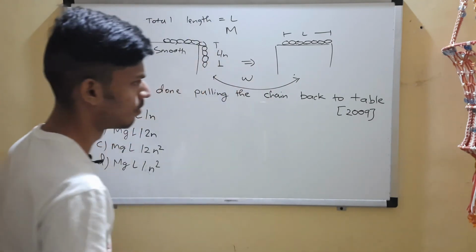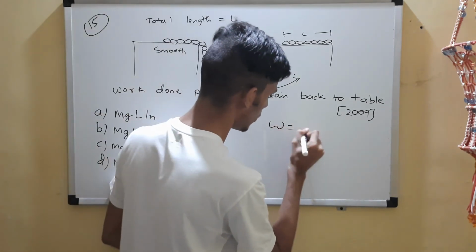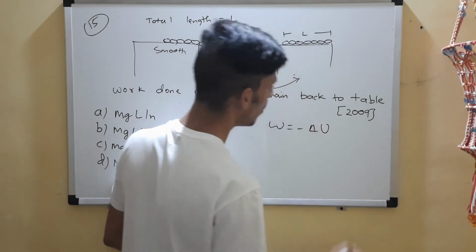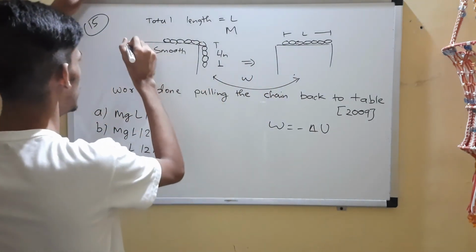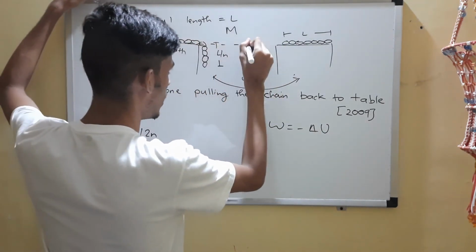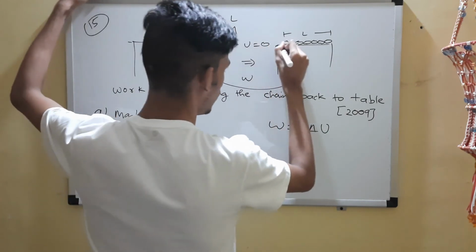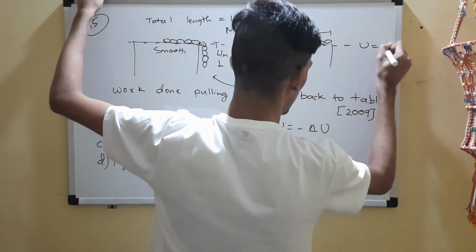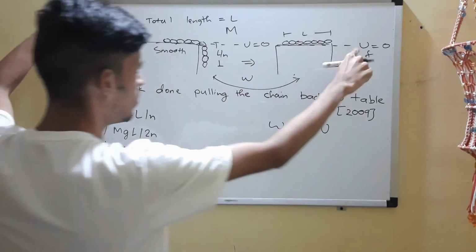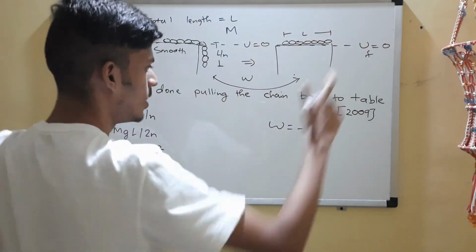Okay, so how will we do that? Work done in the process will be negative change in the potential energy, right? So let's consider this to be our reference line, where we'll consider potential energy to be 0. The final potential energy in this case will be 0.